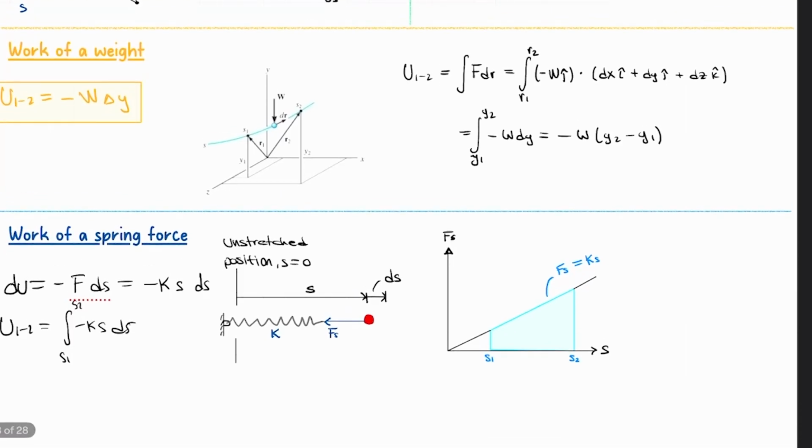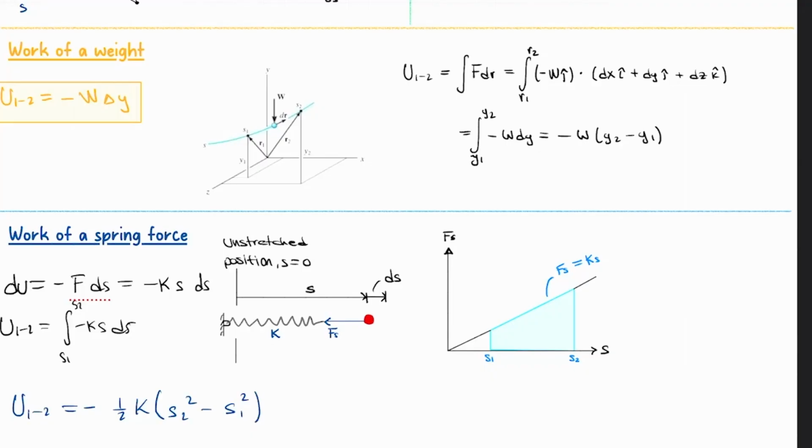So the formula for work of a spring is the following. The work from 1 to 2 equals negative 1/2 k times s2 squared minus s1 squared.